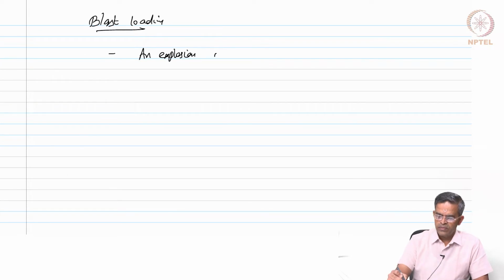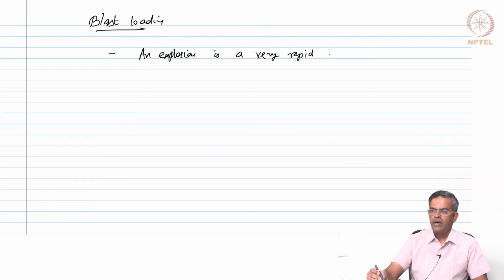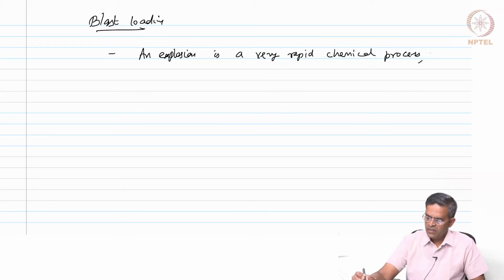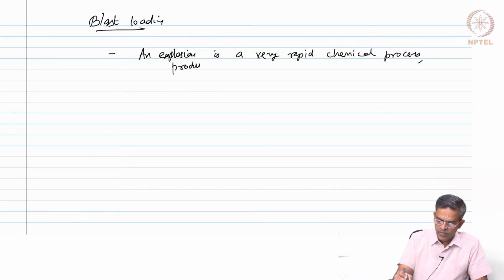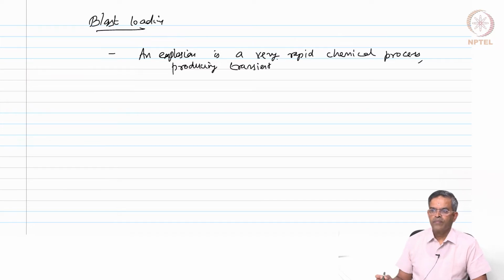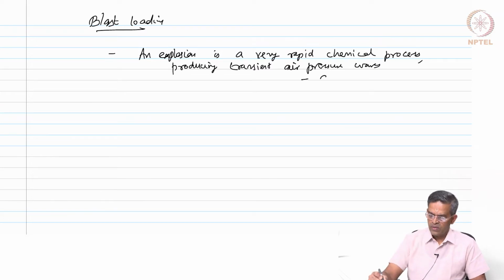An explosion is a very rapid chemical process producing transient air pressure waves. These transient air pressure waves are called blast waves.